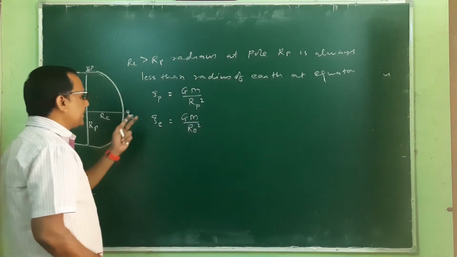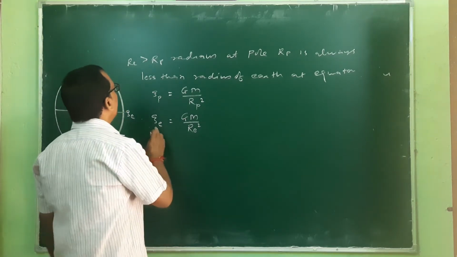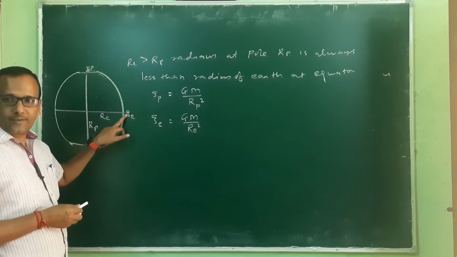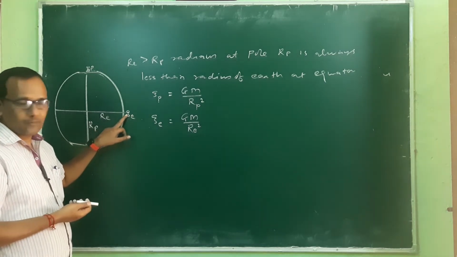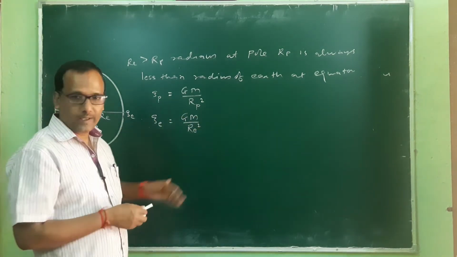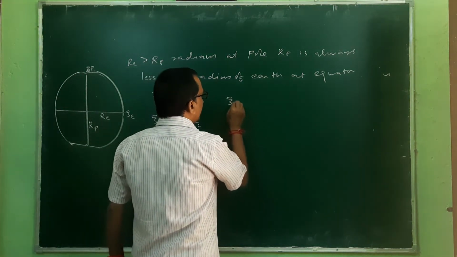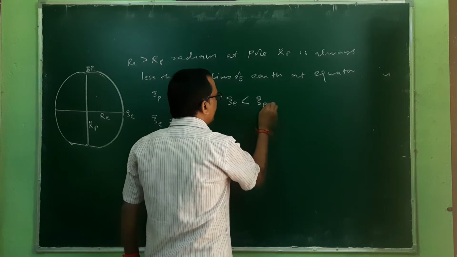So when we compare g_P and g_E, since at the equator the radius is more, the acceleration due to gravity will be less, because this is inversely proportional to r^2. So this g_E is always less than g_P.